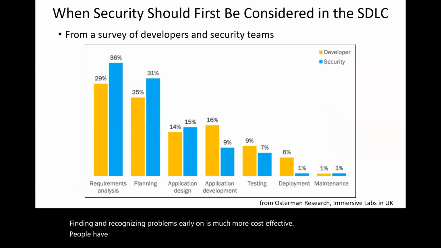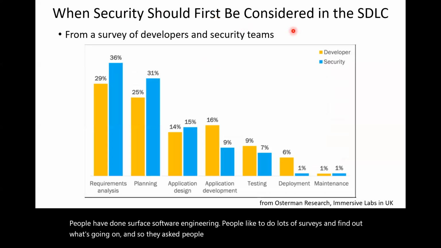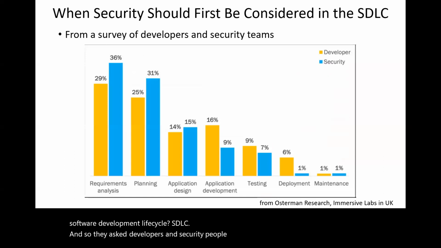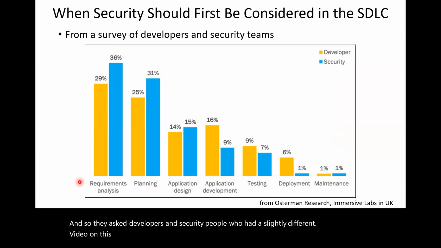People have done surveys. Software engineering people like to do lots of surveys and find out what's going on. They asked people, when should security be first considered in the software development lifecycle, SDLC? They asked developers and security people, who had slightly different ideas on this. Here we have the different phases: requirements planning, requirements analysis, and so forth.